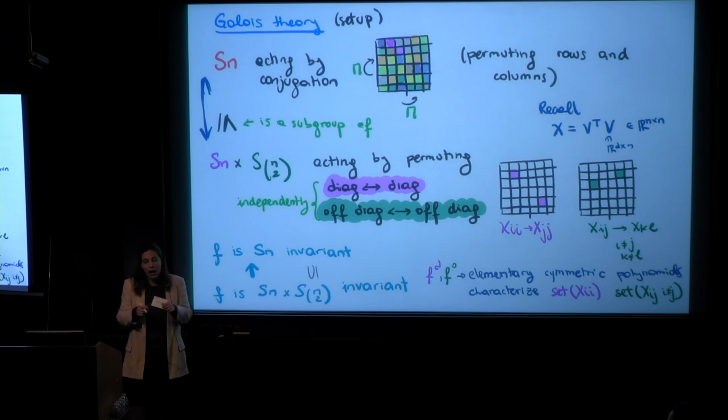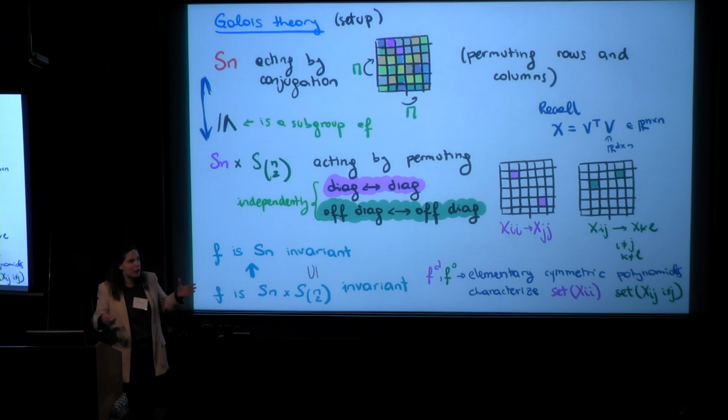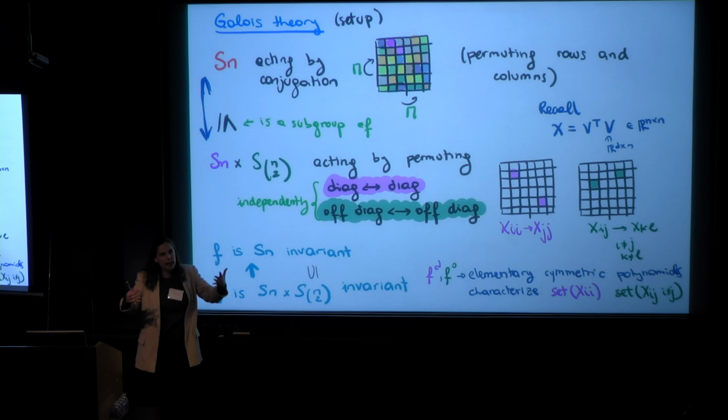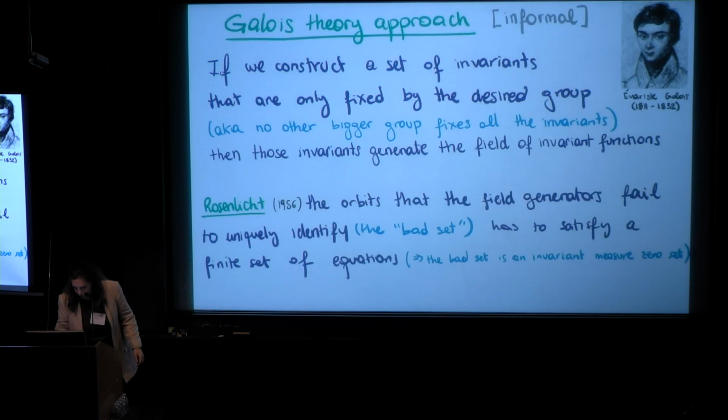If you're coming from machine learning, you can think of a function on sets, like a deep set: a function on sets of the diagonals, a function on sets of the off-diagonals. That will allow you to universally parameterize all the functions that are invariant with respect to the large group. And then you can extend that to the smaller group.